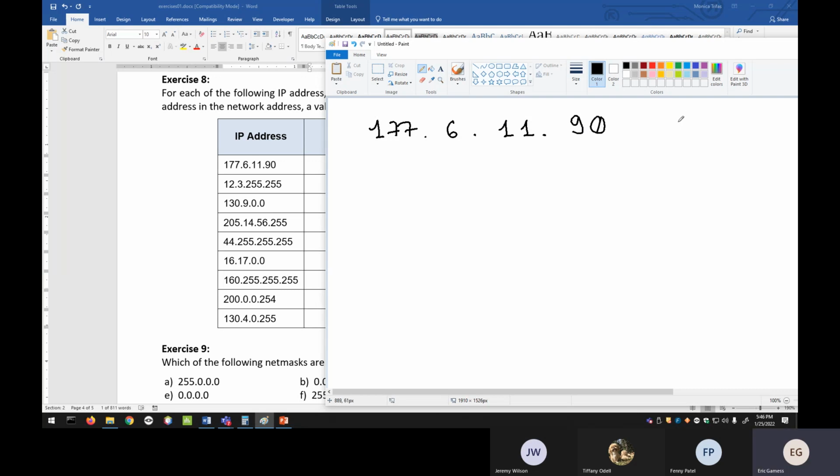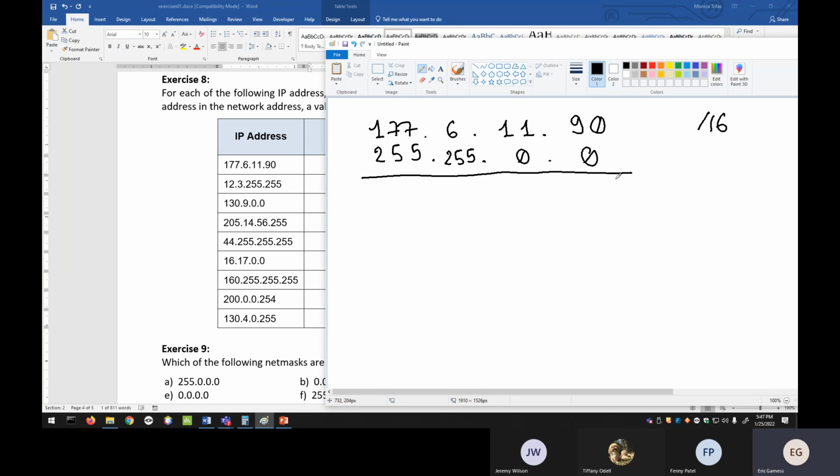What is the net mask? This is a class B. Since it is class B, the net mask is /16, and in dotted decimal notation that will be 255.255.0.0.